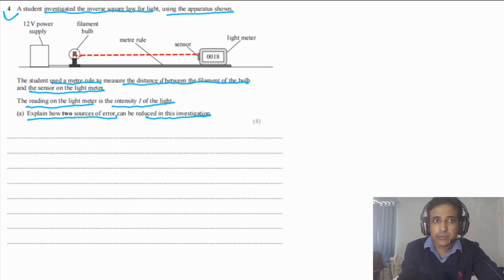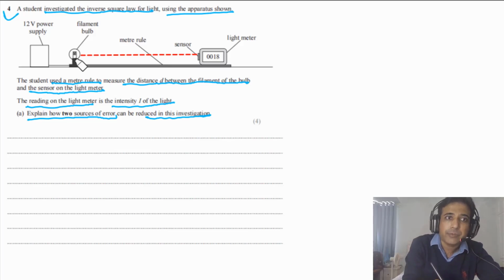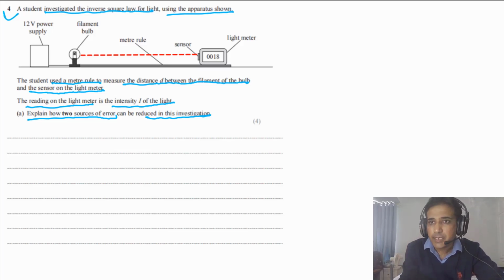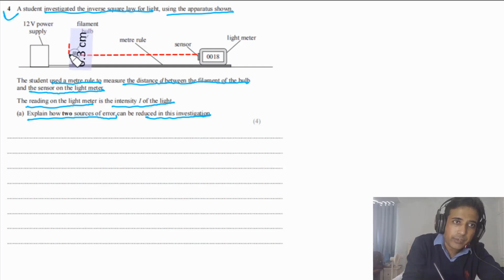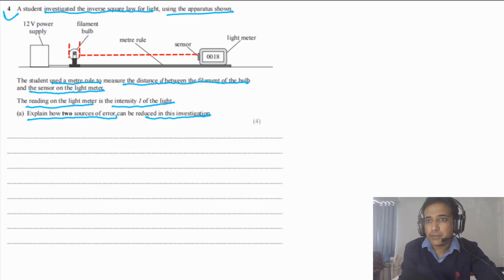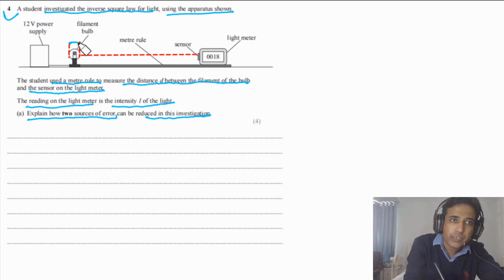So let me clean this a little. First of all, we can find the diameter of this light bulb, and after finding the diameter, we can add the radius. We can take this point and this point, so we can find the diameter, and after finding the diameter, we can find the value of the radius.